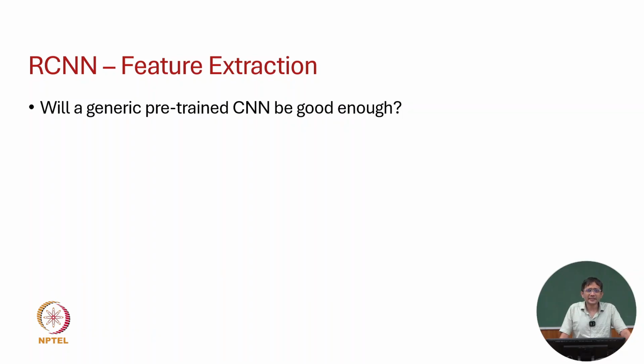The reason is that you can think of this as a kind of domain shift. Let's say your CNN was trained with fixed, say 224 cross 224 images. And now what you're feeding is rather ROIs, the region proposals sampled from it, and they are also of different sizes.